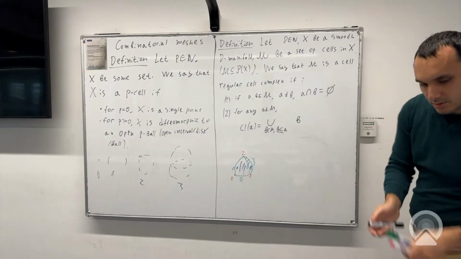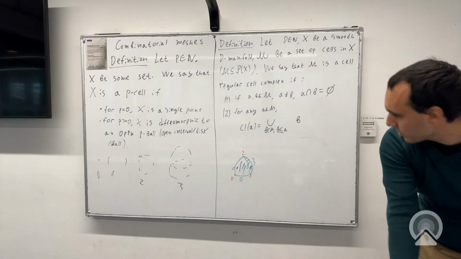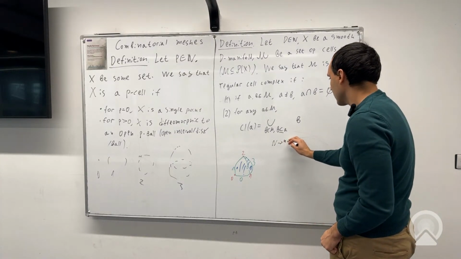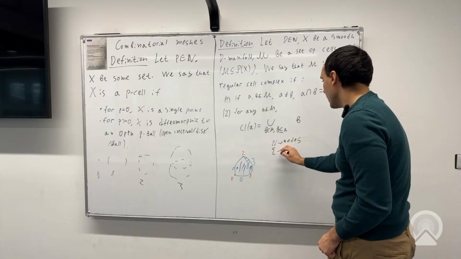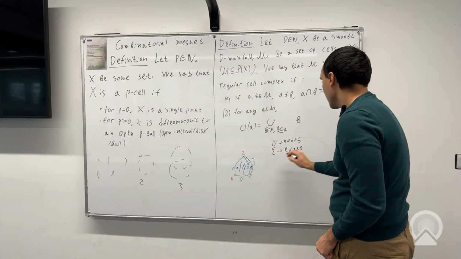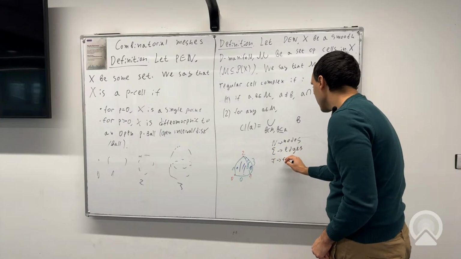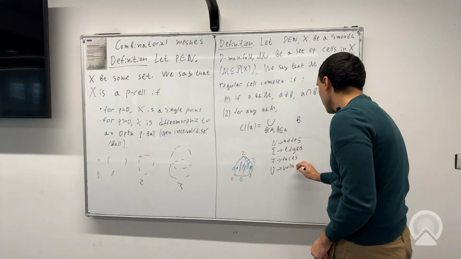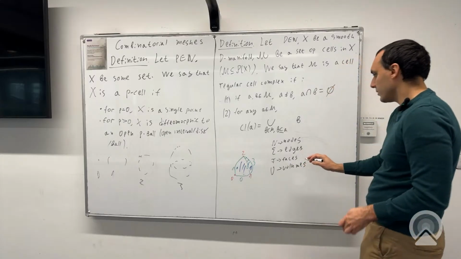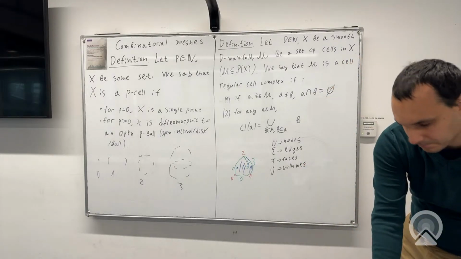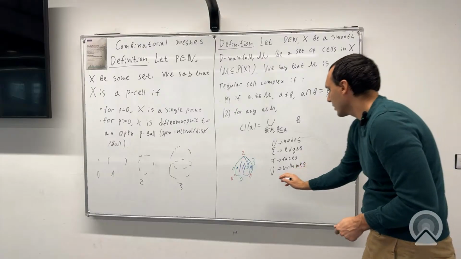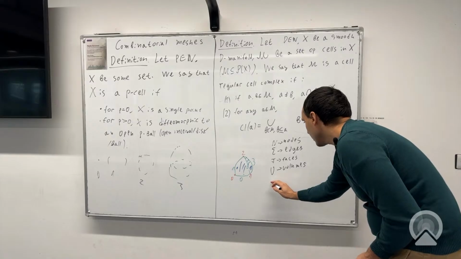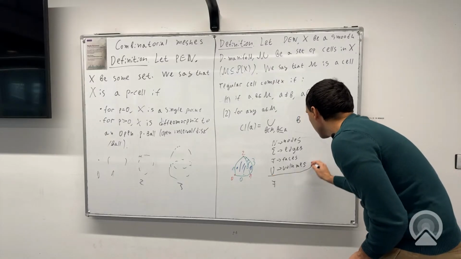So I will use notation N for nodes, E for edges, F for faces, and V for volumes. I don't have volumes here, but this is in general.